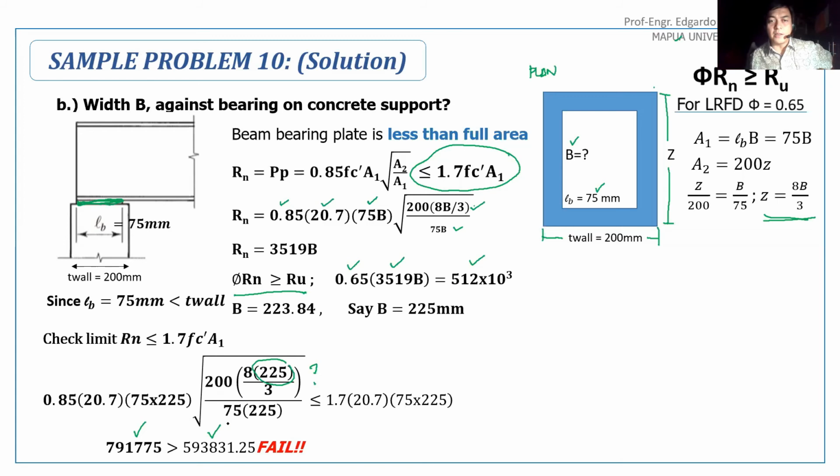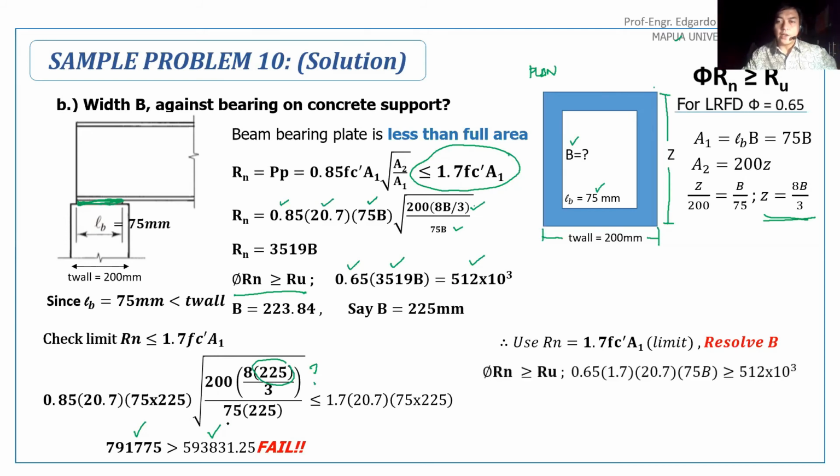Anong ibig sabihin nun? Papalitan natin ngayon yung formula na ginamit natin for Rn. But instead, we will replace the value of Rn to be the limit, which is 1.7 FC prime A1. So, yun na lang yung gagamitin natin. Then, we have to resolve for another value of the B. Okay, so paano gagawin yun? So, again, LRFD conditions. So mas madali na yung equation natin, no?